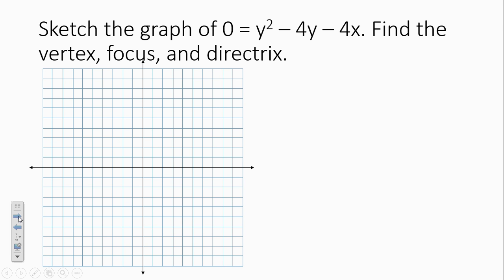So in our previous equation, we had a y squared, right? This time we have a y squared, but it's not in a form that we can use yet, is it? So we want to put it in standard form. What do you think my first step is going to be to get that in standard form?